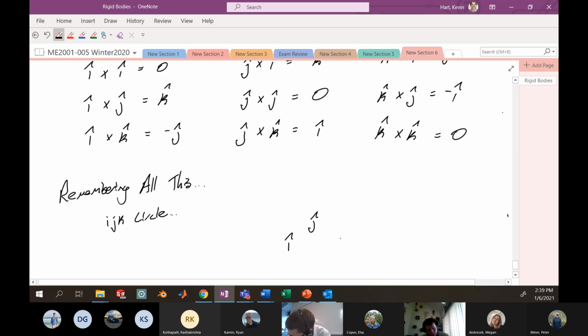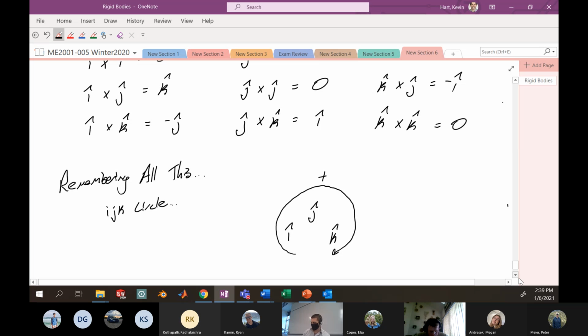I, J, K, going clockwise. The idea is if you're going clockwise around this circle, you're going to end up with a positive, and if you're going counterclockwise, you're going to end up with a negative. That's one way to think about it.